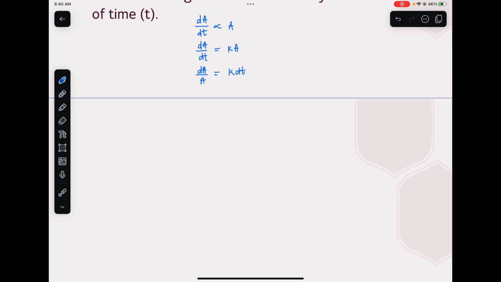The integral of dA over A is ln A, and it is equal to the integral of k dt, which is kt, plus of course the arbitrary constant c. Then if I want to express A explicitly in terms of t, we can exponentiate both sides.